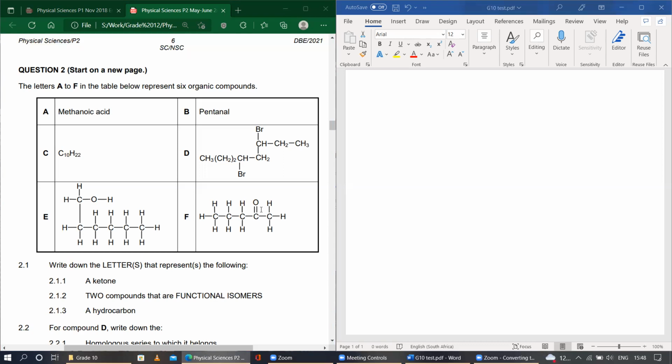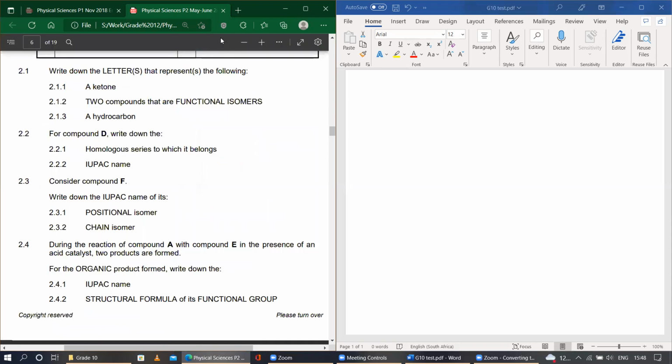So can you try to come up with a positional isomer yourself? I'm gonna give you two minutes, so you can give me the answer after you've thought it out. It's 2 marks, so 2 minutes.